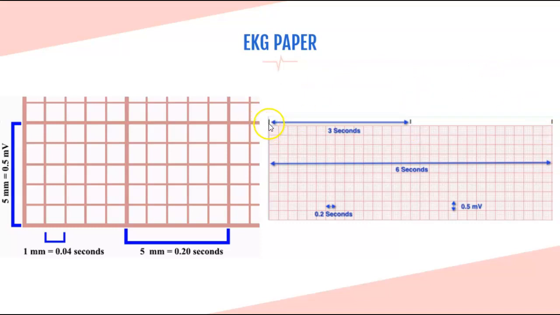Between one black tick mark and the next black tick mark is 3 seconds. There are also 15 large squares, and between 3 black tick marks, 1, 2, 3, there are 30 large squares, or 6 seconds.